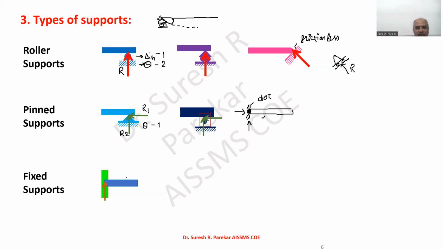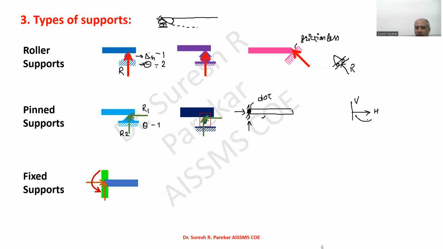And then in case of fixed support, we have three reactions. So my displacements are 0. We have three portions where we have to consider. One, we have horizontal. Second, we have vertical.